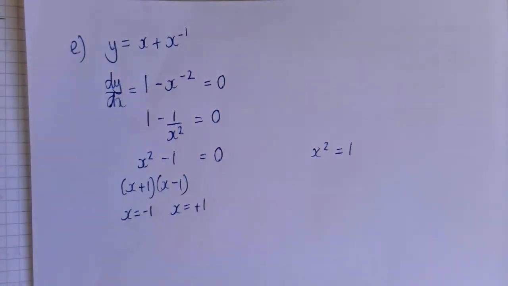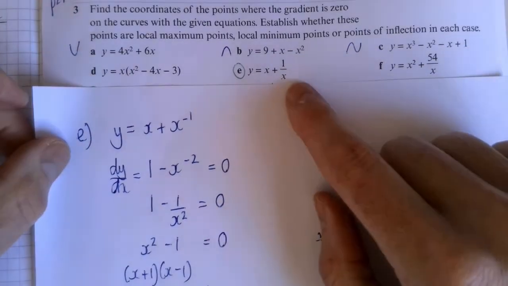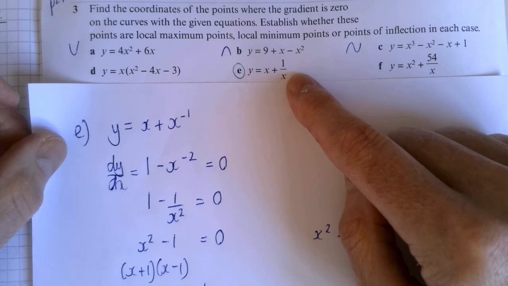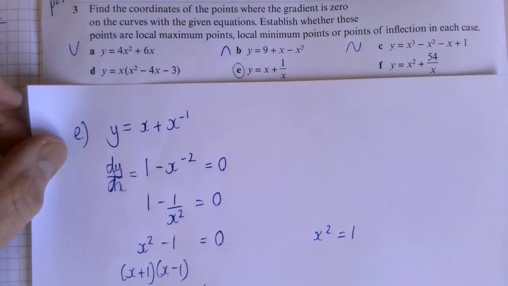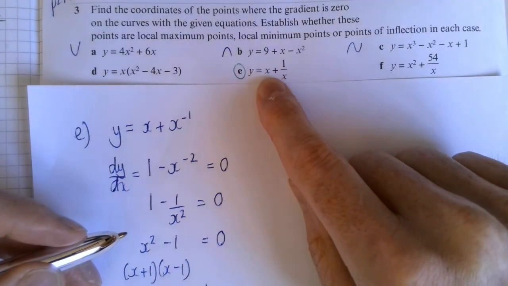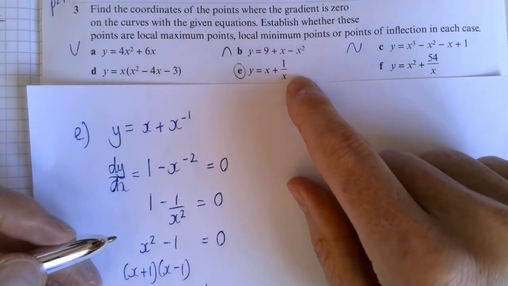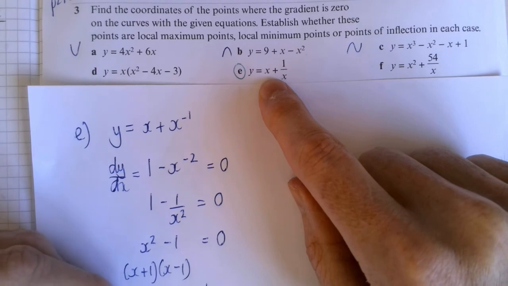And if I go back to my original function, it might help me to look here. And again, I would strongly recommend you use your calculator to substitute it in and work out the y values. So when x is minus 1, you'd get minus 1, and 1 divided by minus 1 is minus 1, so that would be minus 2.